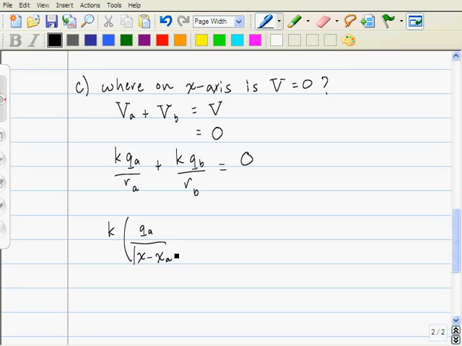We would never make this negative, so we need an absolute value sign. And then similarly, x minus x sub B.